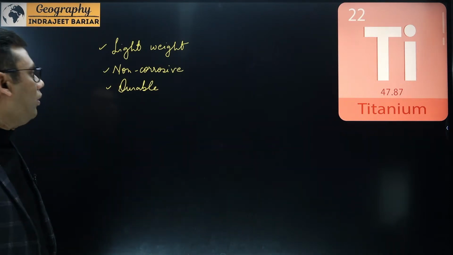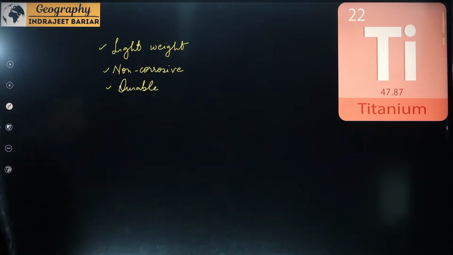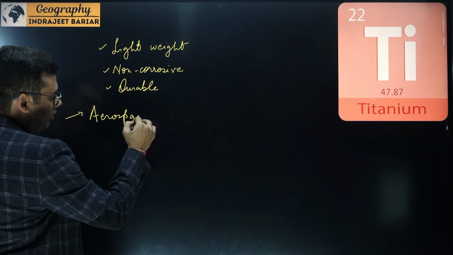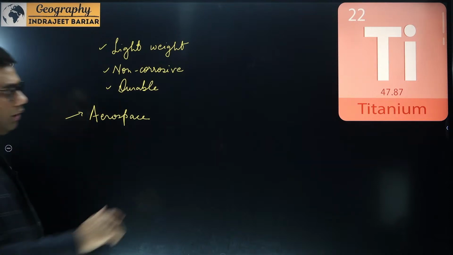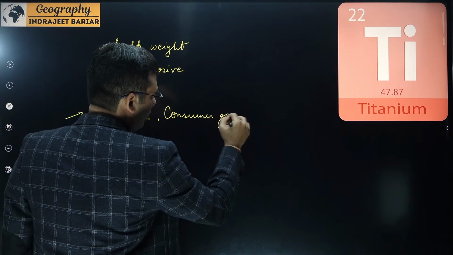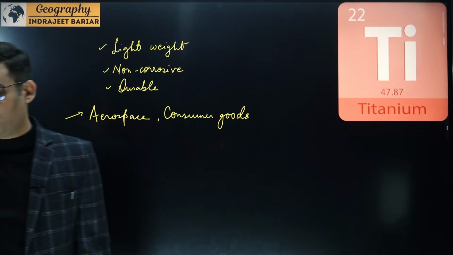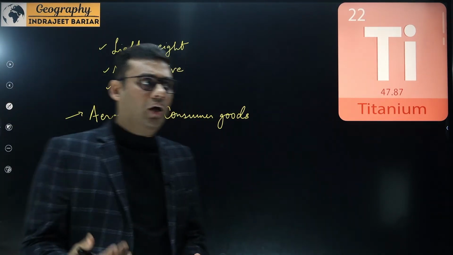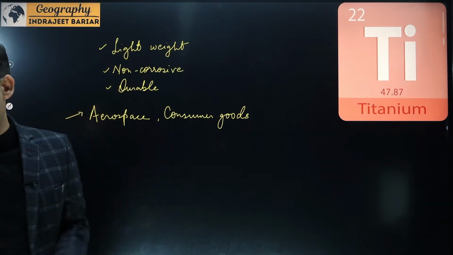This is where it finds its application, mainly in the aerospace sector. It is also used in consumer goods, such as mobiles and jewelries, and so on. So these are the applications of titanium.